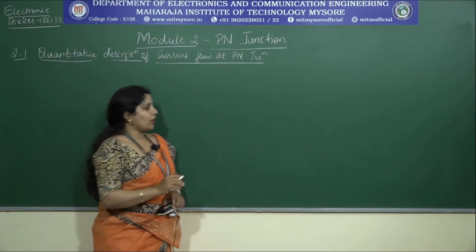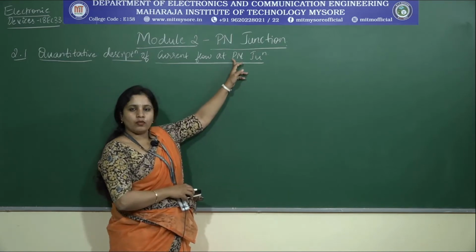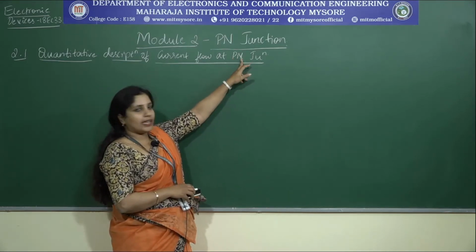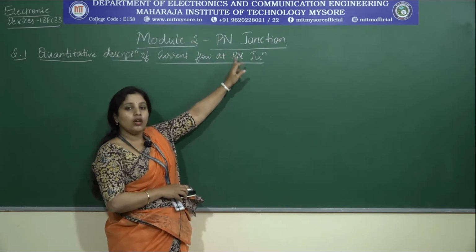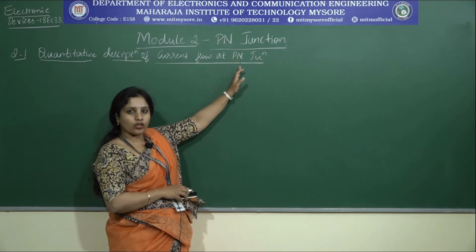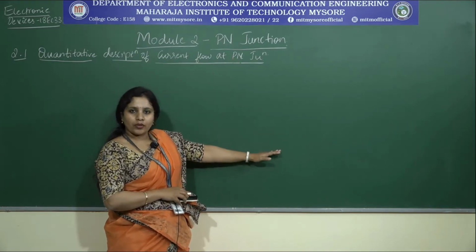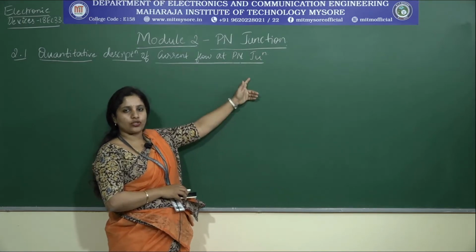Under this topic, first you need to understand what is basically a P-type material, which we have already come across, what is an N-type, and then when these two kinds of materials are brought closer, what all aspects you have to look into. First we will be clear with that, and then we will go into details of current flow in the PN junction.